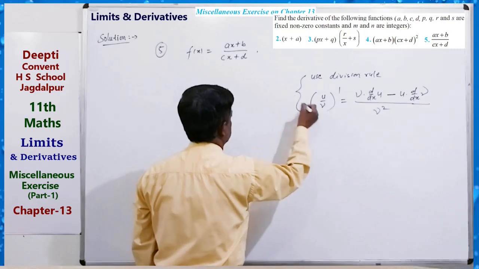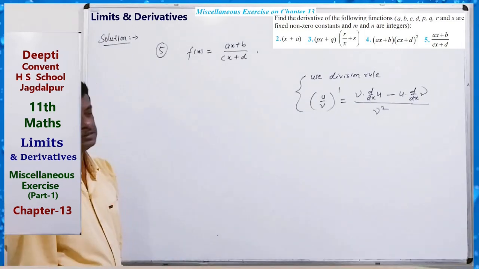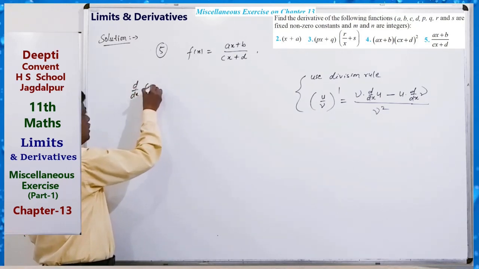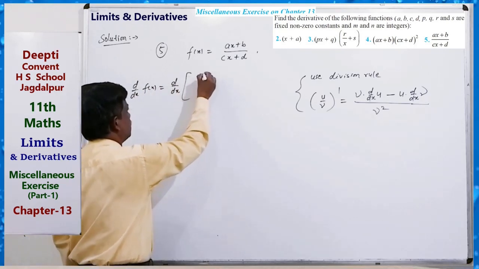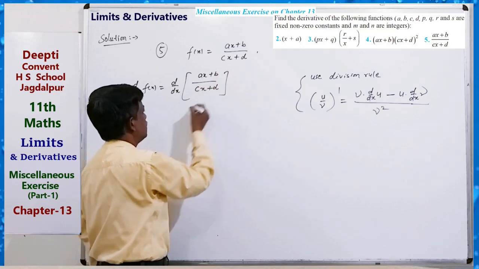This is the division rule. So here we can use it also. d by dx of f(x) is equal to d by dx of (ax + b) by (cx + d).